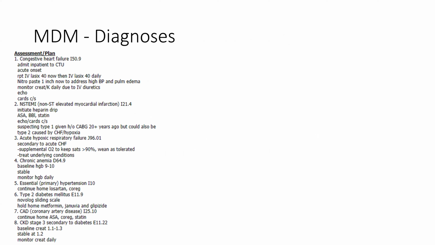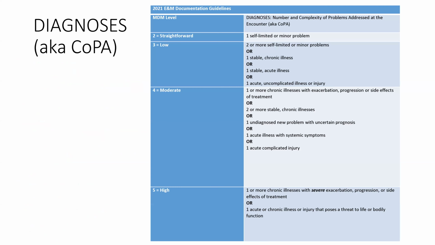Moving into the diagnosis section, how would you classify the congestive heart failure? Acute, yeah. No, first, that was just a reminder of the diagnoses again. They all have categories for diagnoses, and how that relates to your MDM level.